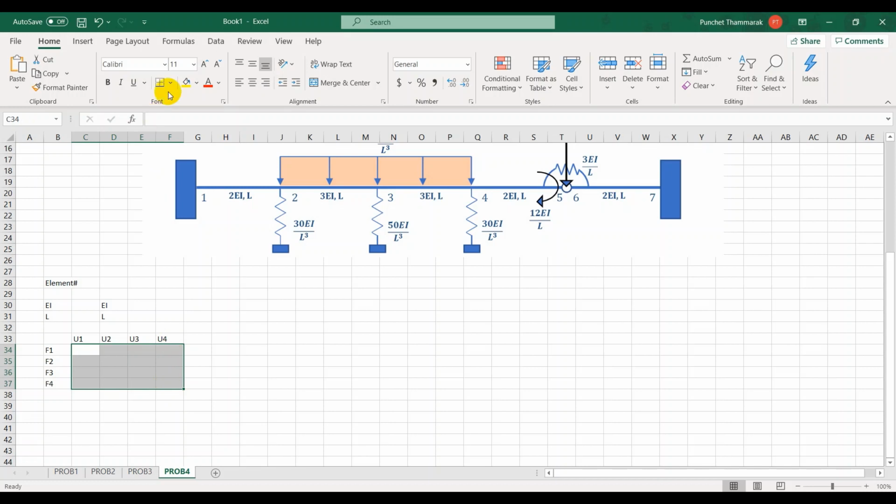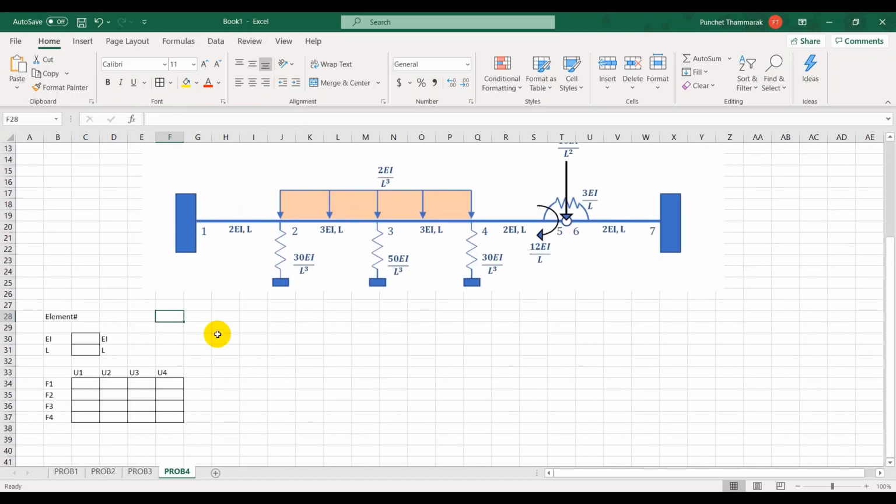I set this up. So I just give the infrastructure for this problem first. I'm going to need the fixed end reactions too, so the fixed end reactions are going to be here on the right hand side.